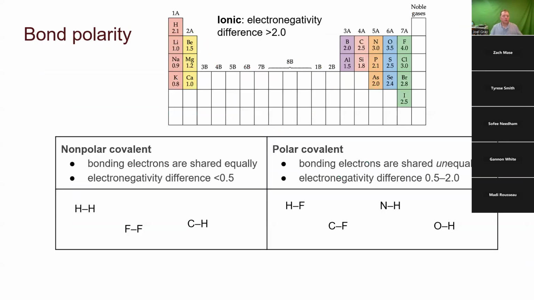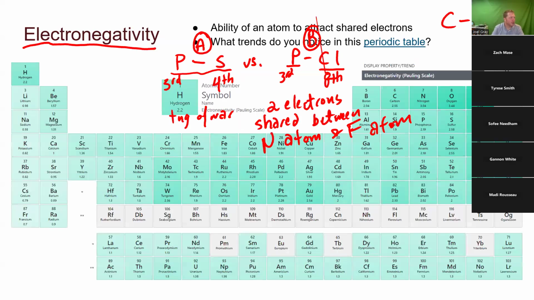Now, we classify these bonds. So what we've got is what's known as bond polarity. We have a covalent bond that we classify as a non-polar covalent bond, where we see an electronegativity difference of less than 0.5. Now, if we go back, phosphorus has a value of 2.19 versus 2.58 for sulfur.